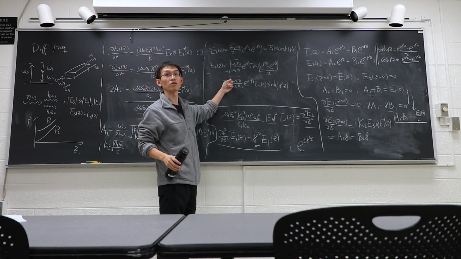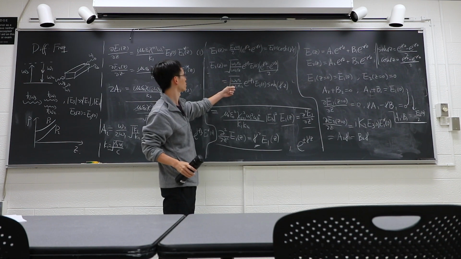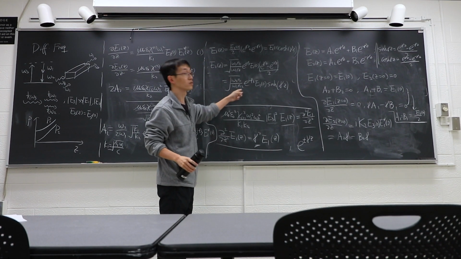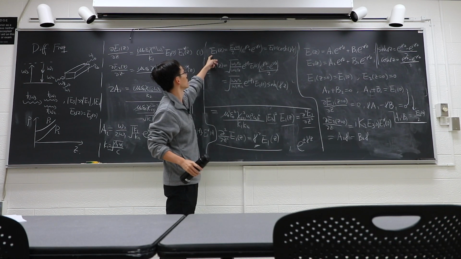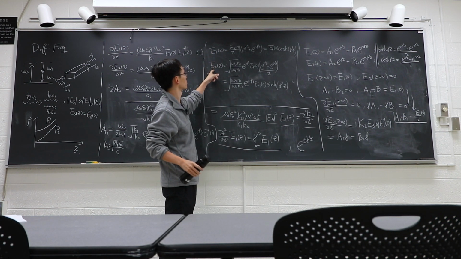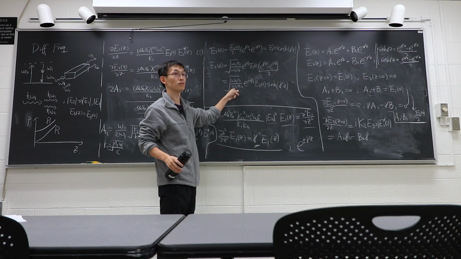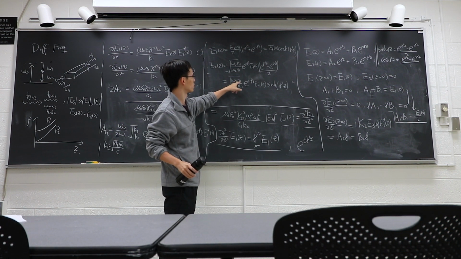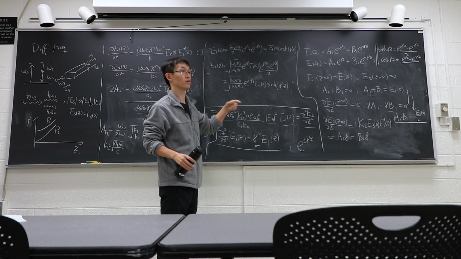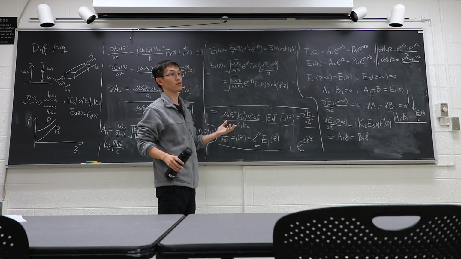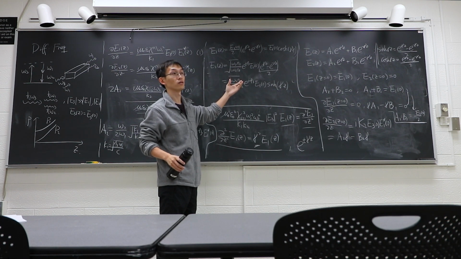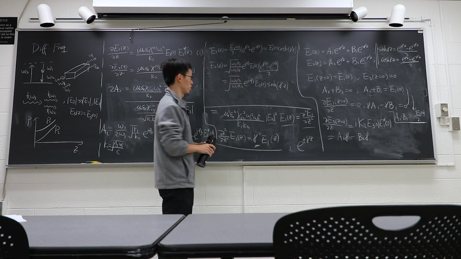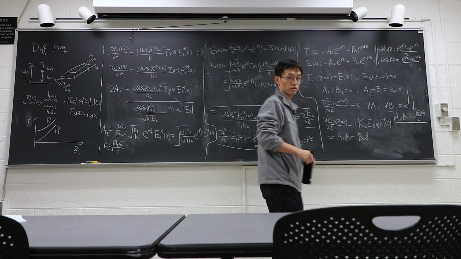You can directly get this coefficient by assuming if one E1 is generated, there must be another E2 generated. So that's why you see omega and n. Omega is associated with your photon energy, n is associated with your power. In your power, there's n here, right? We all know this.